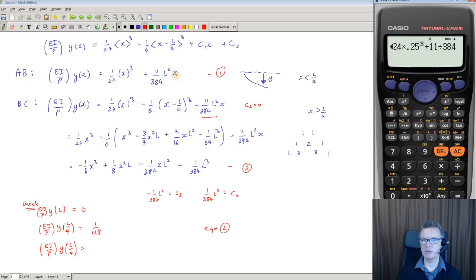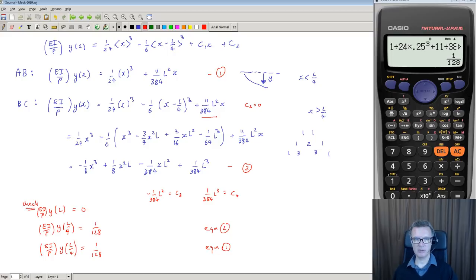And here we want to substitute in a quarter. And we get 1/128. So that's equation 1. So actually I'm quite happy that that solution seems to be perfect. Okay, so that's question 2 done. And then I said, everything on this page you don't have to do. Don't worry about it. It was just me being me. All right.